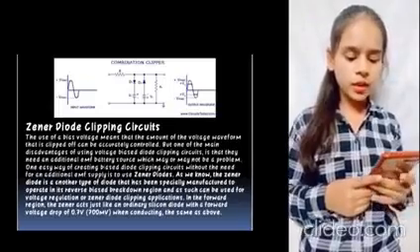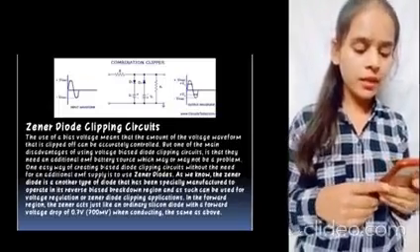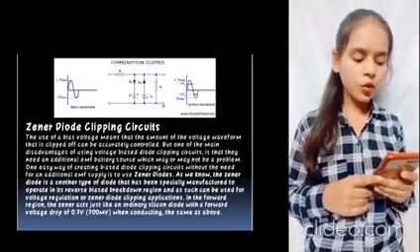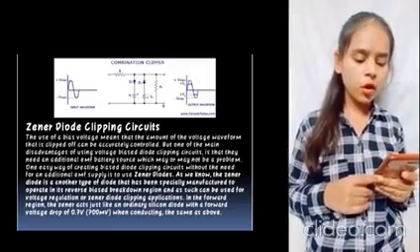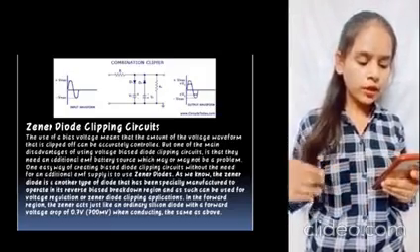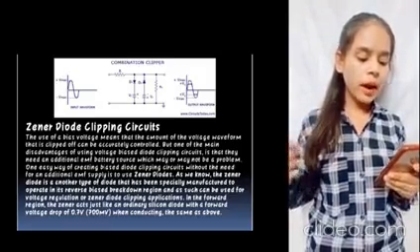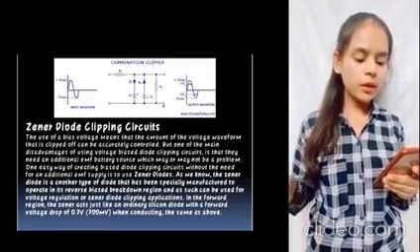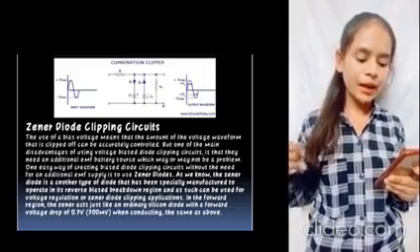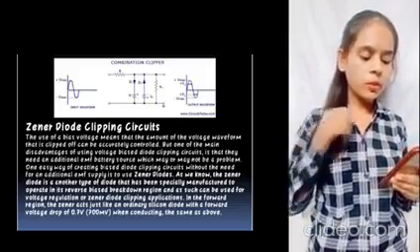Zener diode clipper circuit. The use of bias voltage means that the amount of the voltage waveform that is clipped off can be accurately controlled. But one of the main disadvantages of using a biased diode clipping circuit is that it may need an additional EMF battery source, which may not be practical.